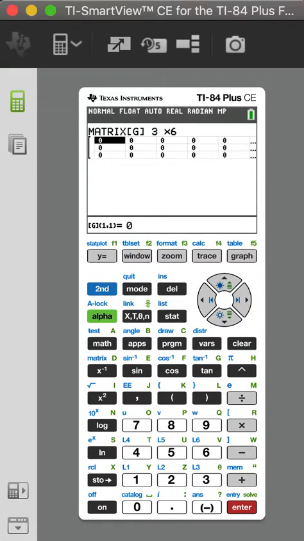So the first 3 columns of our matrix are going to be our matrix. Let's make a random one. I'm going to do 1, 2, 3. And then our next 3 columns have to be the identity matrix. So a 1 will be in the first position, a 0, and a 0.